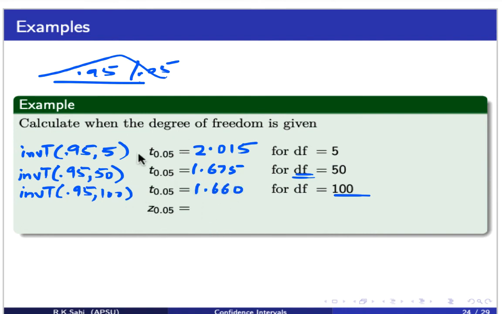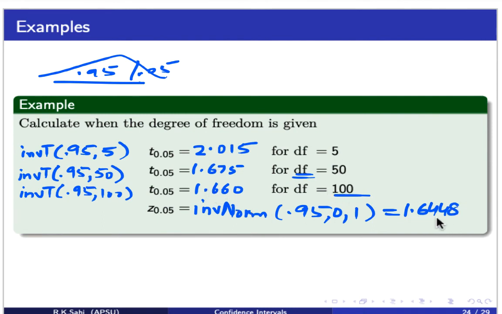Now let's look at these, these were t-scores. Now I have a z-score. I'd like to know how close, when I increase the degrees of freedom, it is to the z-score. Now remember the z-score is what? Inv norm 0.95, 0 and 1. When you plug in the values, you get 1.6448. Notice as I'm increasing the degrees of freedom, it's coming closer to the z-scores.